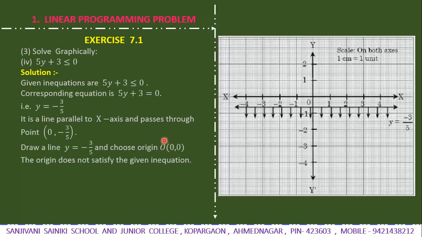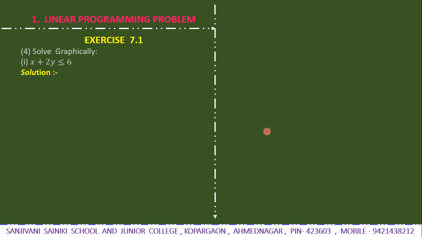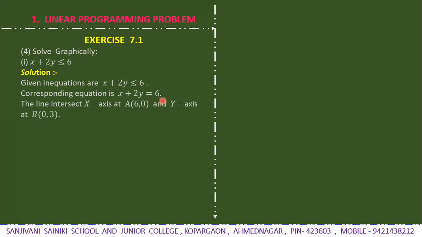Similarly, this is an activity for you. The fourth example, you have to solve on your own. I have given the solution, just go through it. In the fourth one, the first example, x plus 2y is less than or equal to 6. So the corresponding equation is x plus 2y is equal to 6.